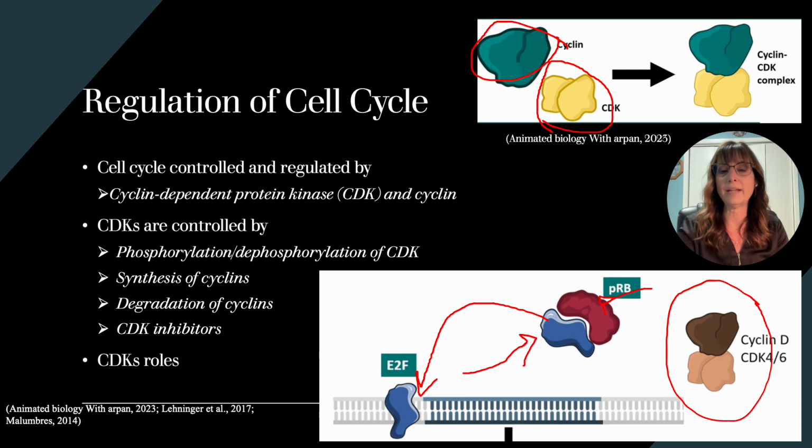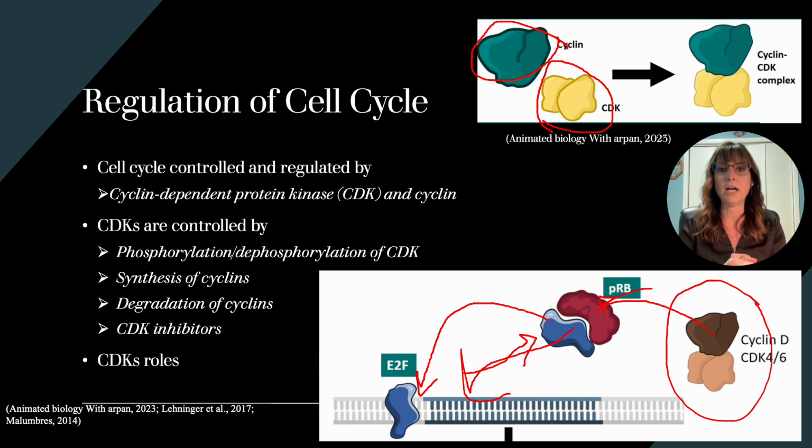It can then transcribe a set of genes, and that will then allow replication to occur in the synthesis phase of the cell cycle. So if the cyclin D CDK4/6 is not available, it can't phosphorylate PRB, which will make it let go of E2F, which will then let it do its job. So without cyclin D CDK4/6, the E2F can't do its job and synthesis cannot occur.